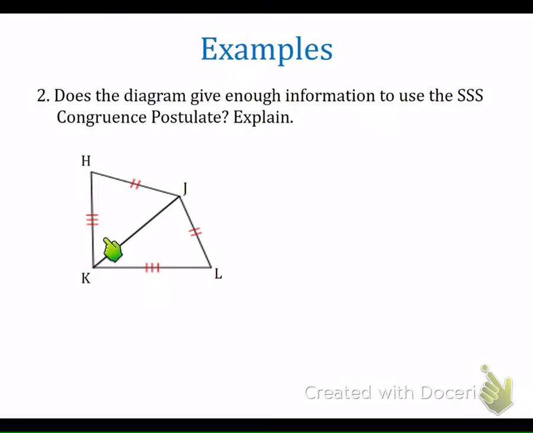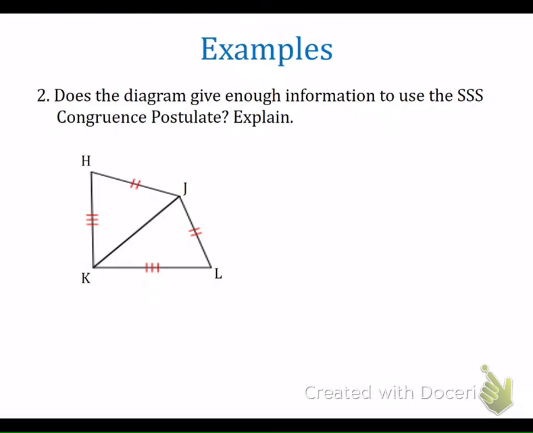Okay, so I think the people that are saying no are saying to themselves, well, these are corresponding congruent, these are corresponding congruent, but this one doesn't have anything labeled on it. Is that what you're thinking? But the ones that don't have labels are what? They're the same line.